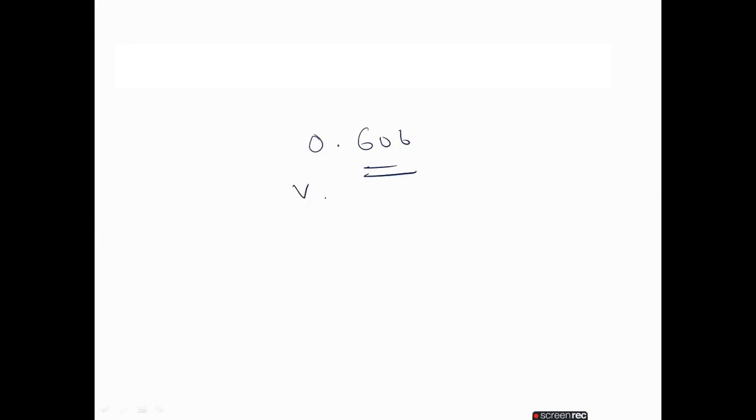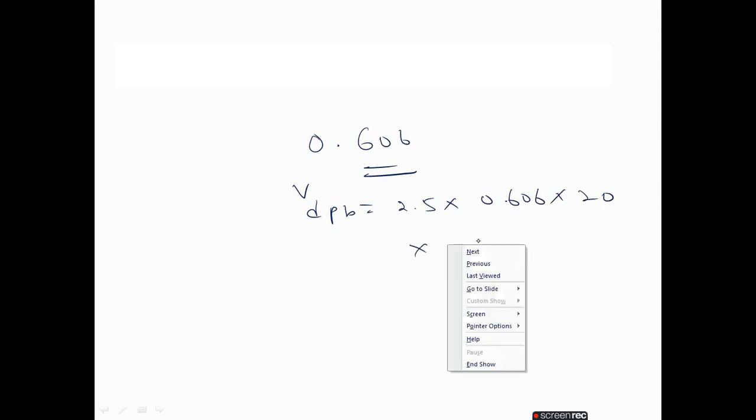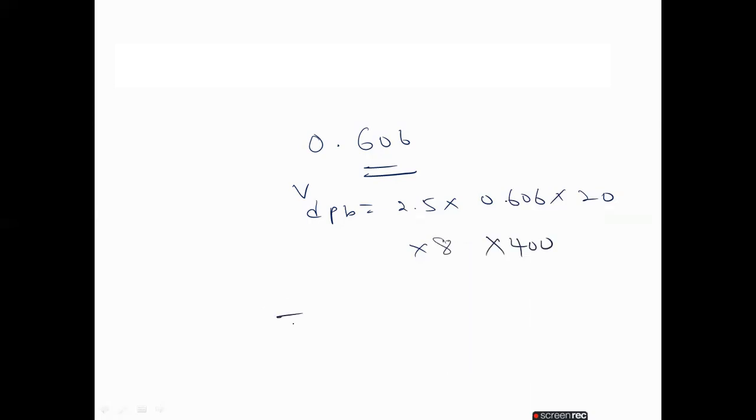So now the V_dpb that we are calculating is 2.5 into 0.606 into d value 20 and t, the thickness, is 8 mm, and f_u value is 400. So finally we will get 77,568 newtons. Now we have to find the bolt value.